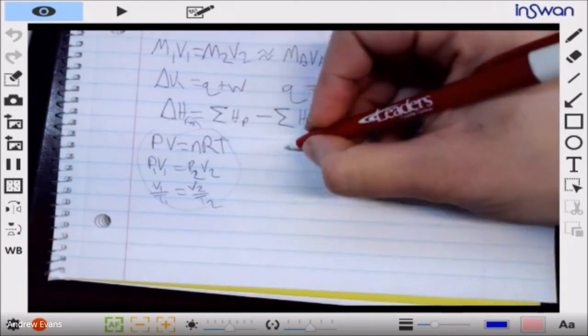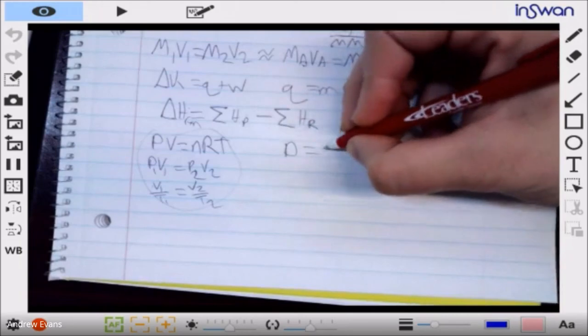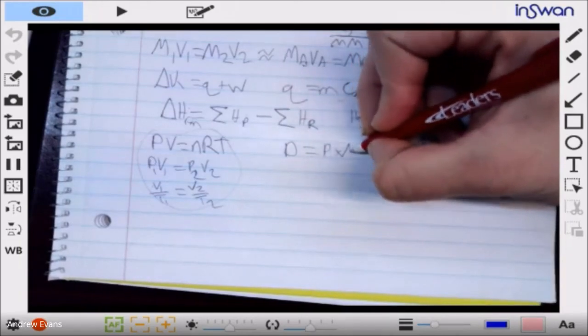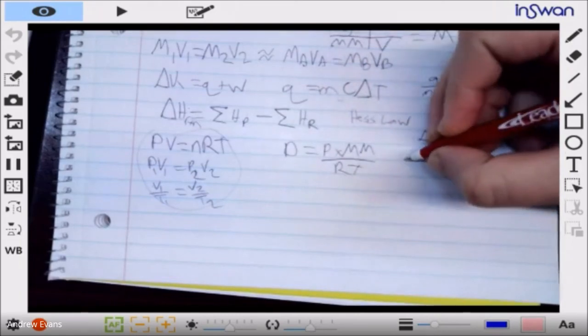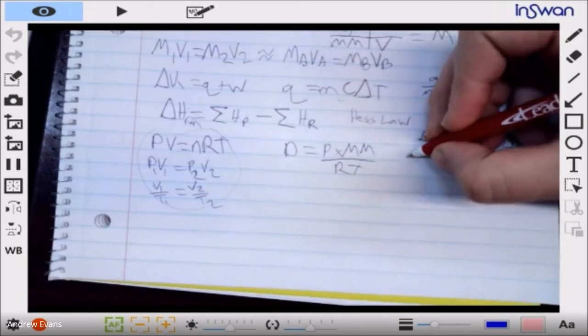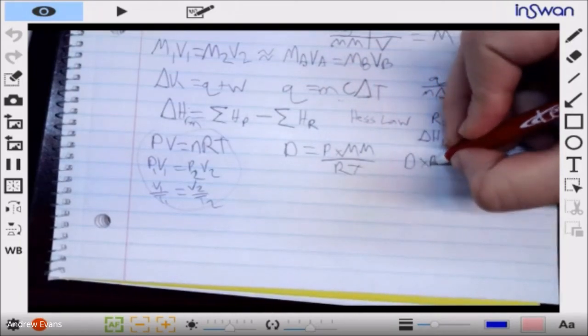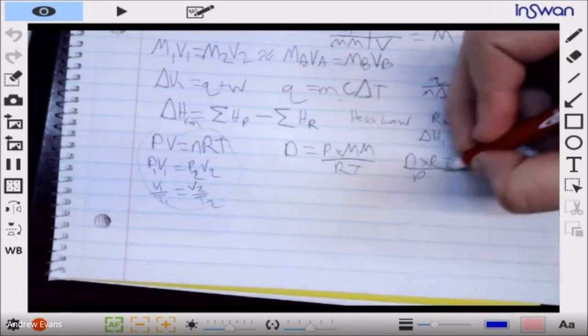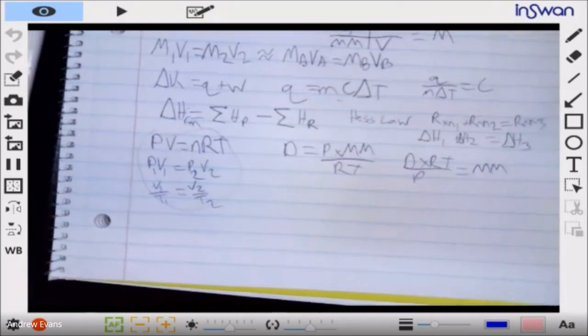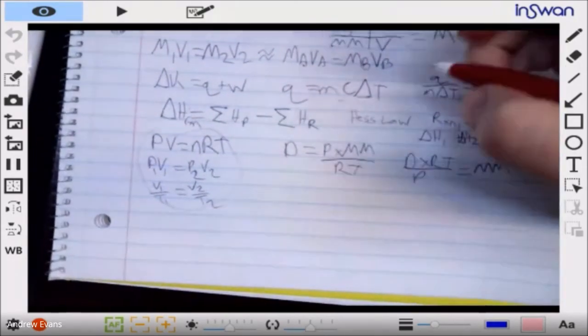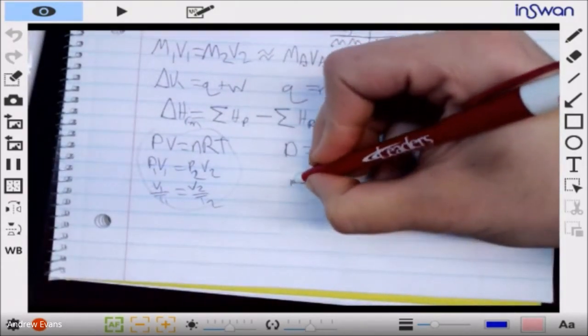Chapter 11B dealt with density equals pressure times molar mass over RT, which, if we're solving for molar mass, is density times RT over pressure. And then we had our rate of effusion.